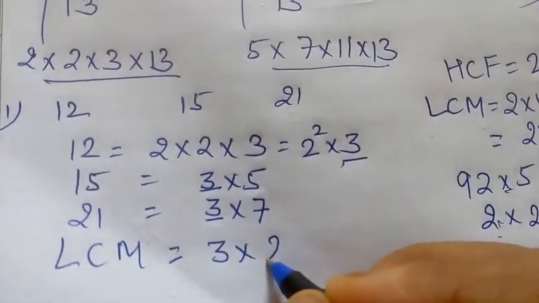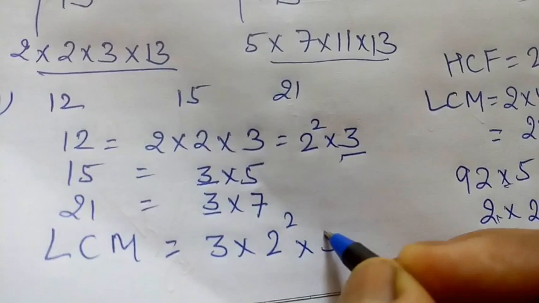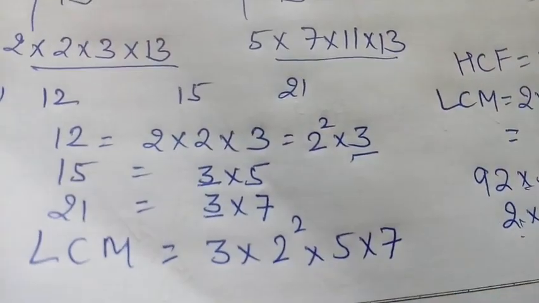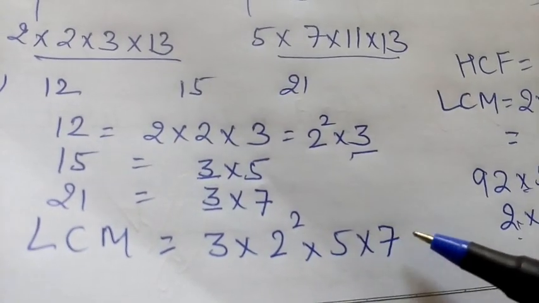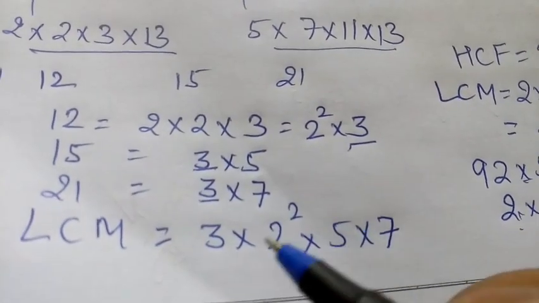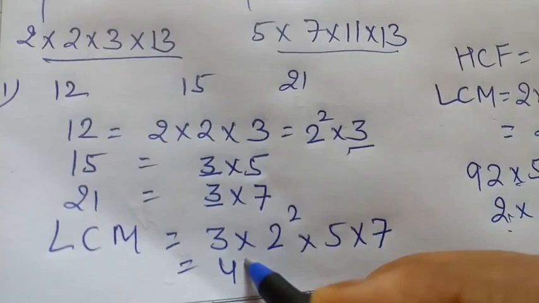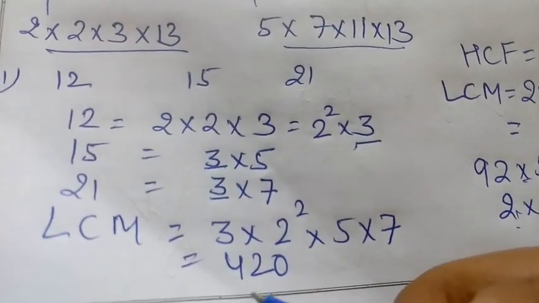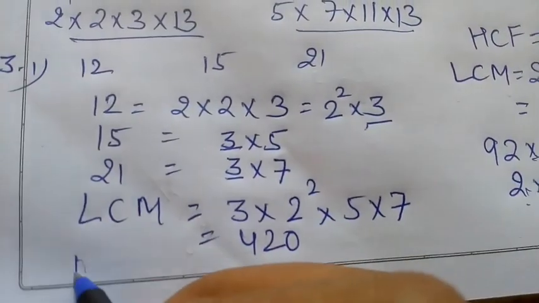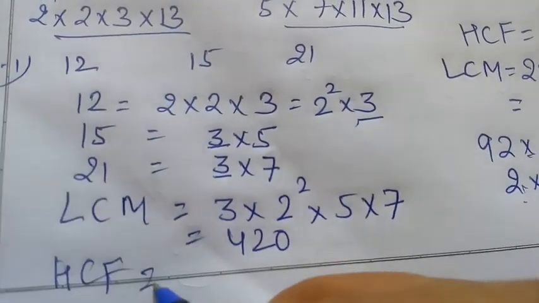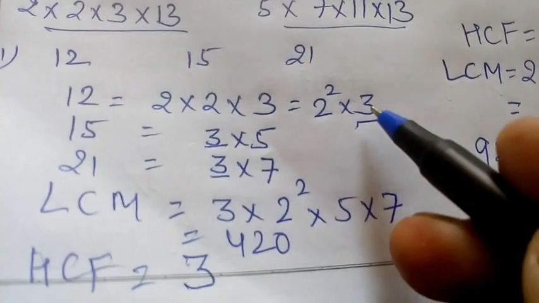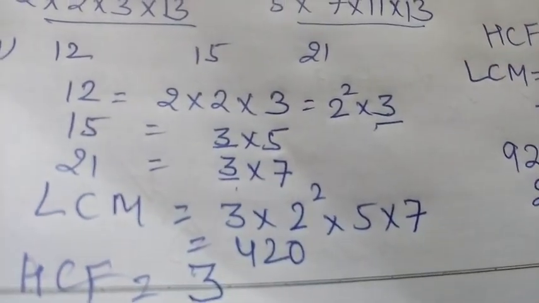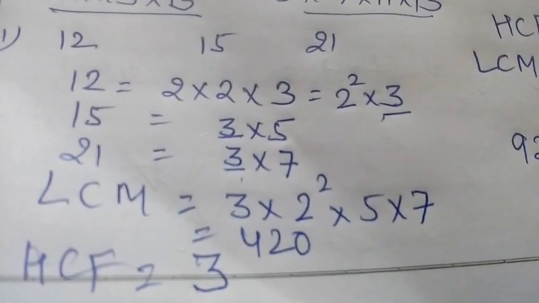So write 3, 2 square and 5 into 7. Multiplying this, 2 fours are 4, 5 fours are 20, 7 twenties are 140, 3 fours are 420. This is the LCM. And HCF, the common factor between these three, only 3. Therefore, HCF is equal to 3.